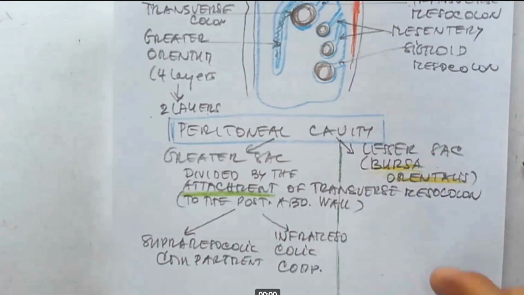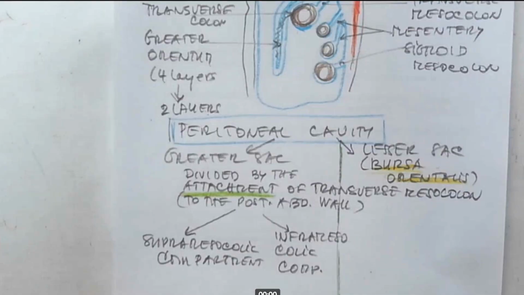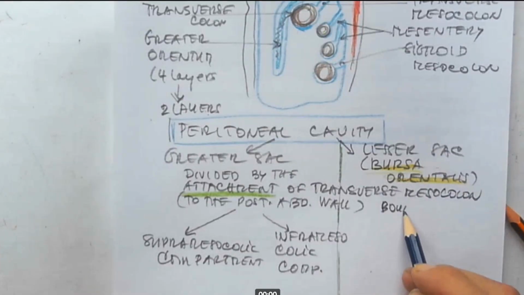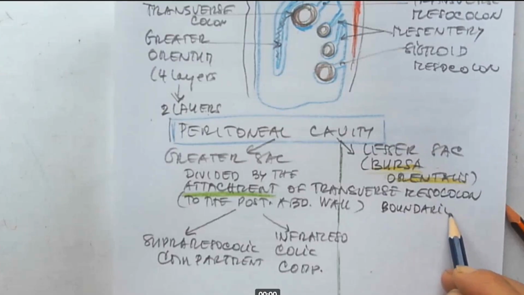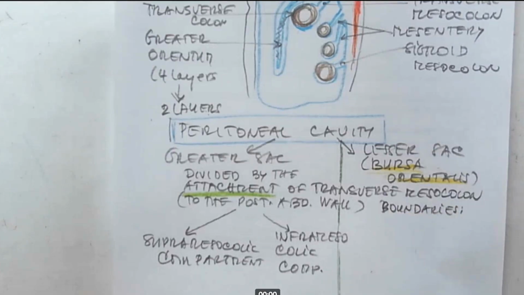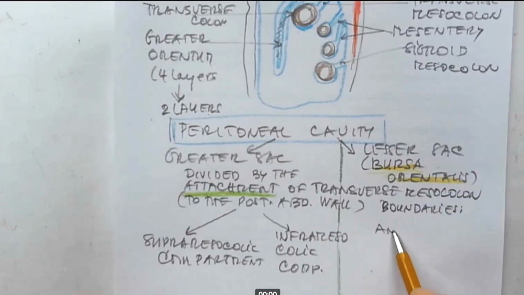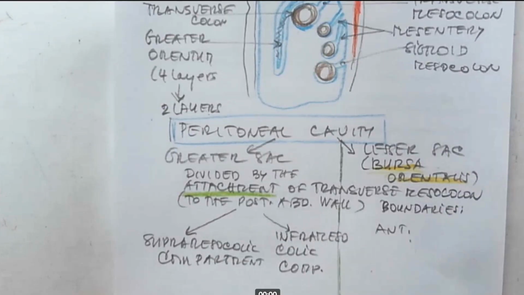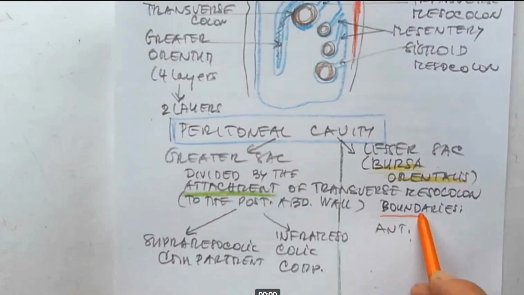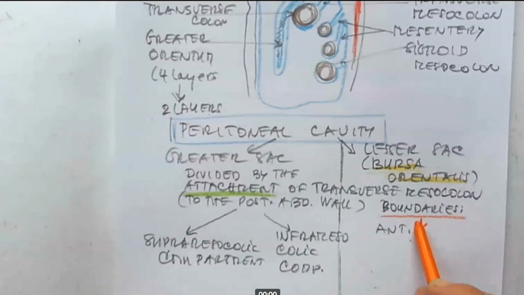Fine. Concerning the bursa, we just say some words and we will leave it. The boundaries of the bursa omentalis, I would say, are just quickly, we start first of all anteriorly. Maybe orange would be good to underline boundaries.